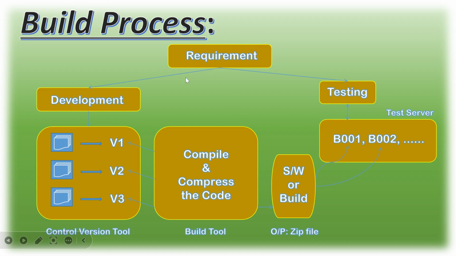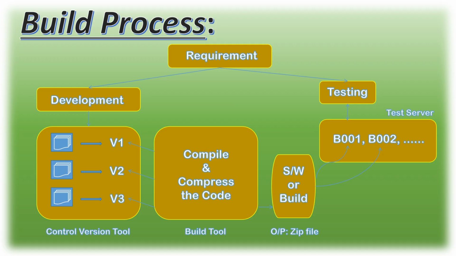Suppose this is the requirement we had, and the development team will access those requirements, and they have created some number of codes, and they have put the same code in the control version tool, and the control version tool will be creating the version for that code automatically.